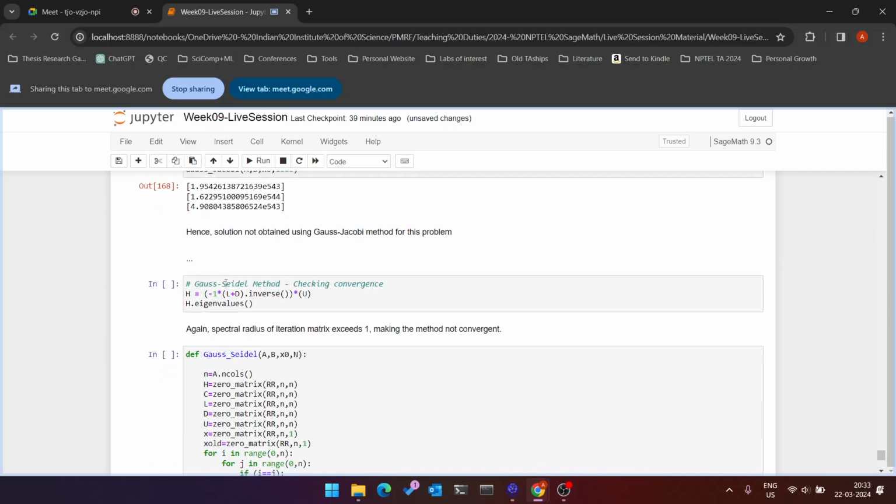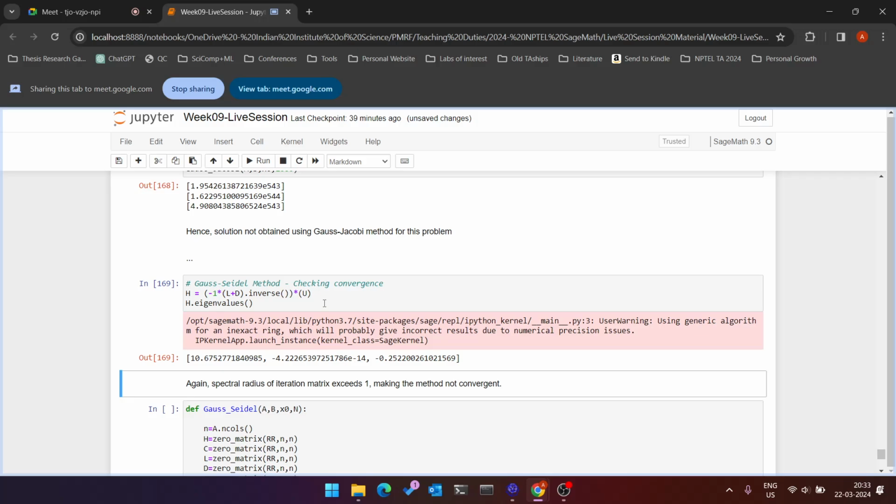So next we do the same thing for the Gauss-Seidel method, where the iteration matrix is slightly different: minus of L plus D inverse whole into U. Now here in fact the spectral radius has increased to a much larger value, around 10.6.